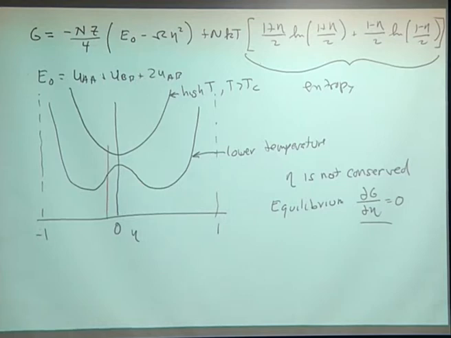And then you say, well, what's going to happen to the system? Well, the order parameter is not conserved, so this is just going to roll downhill. And in fact, that's the equilibrium point of the system, where the derivative is equal to 0. Okay? So it can actually just roll, or if you start over to here, it's going to roll down to here. Okay? Yeah.